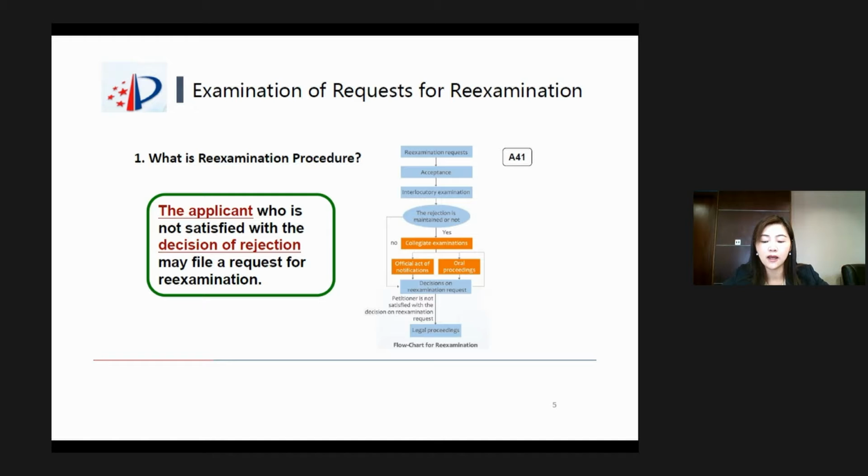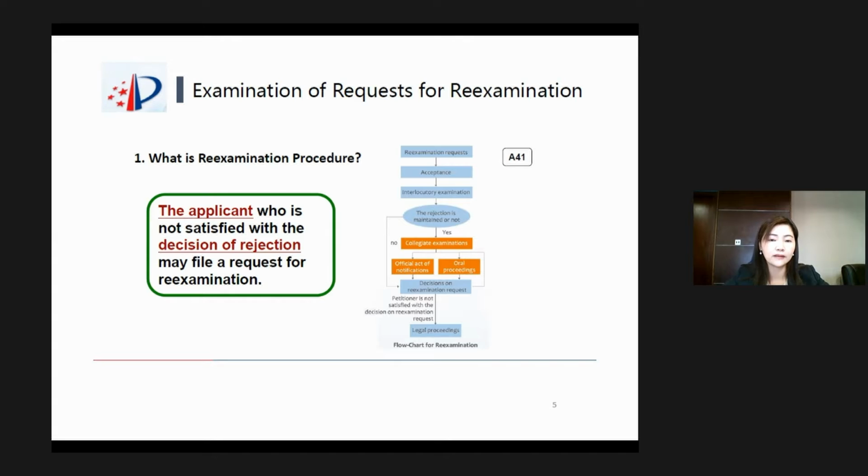After that, there are 3 possible scenarios. First, if the examiner thinks that the defects pointed out in the final rejection have been overcome, the final rejection will be directly revoked, and the application will be returned to the previous examining authority to continue the examination procedure.